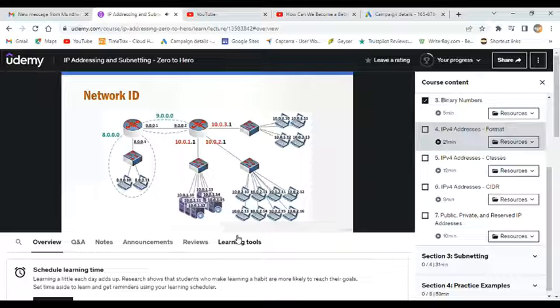They're going to be 8001 and 80010 and then 80011.